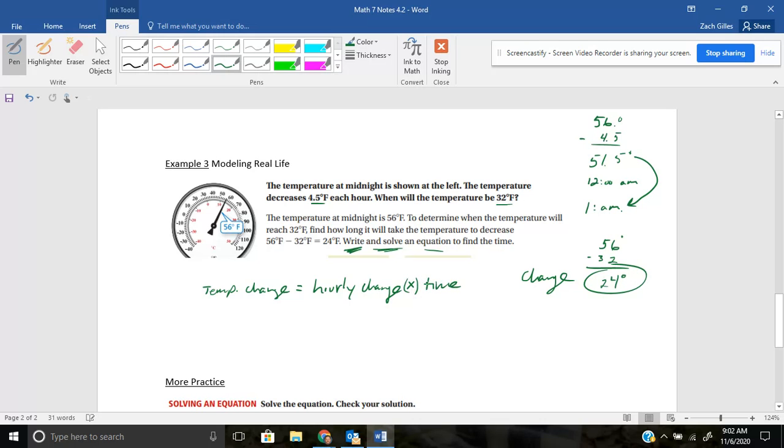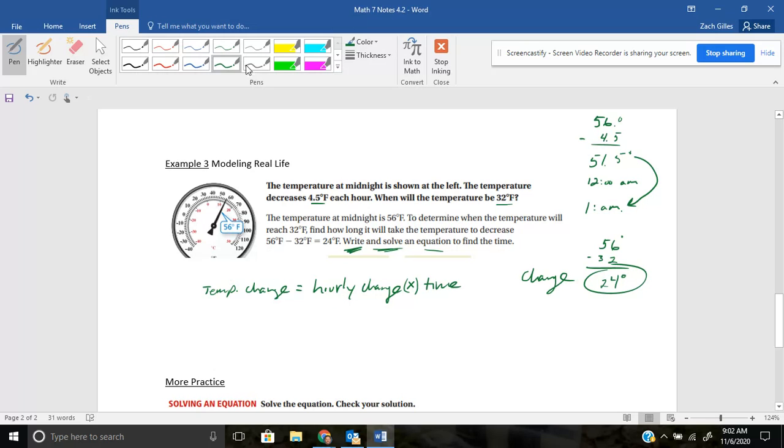Right? I know that it changes 4.5 degrees Fahrenheit for each hour. I don't know that time yet. That's what I'm kind of looking for. That'll give me my temperature change.